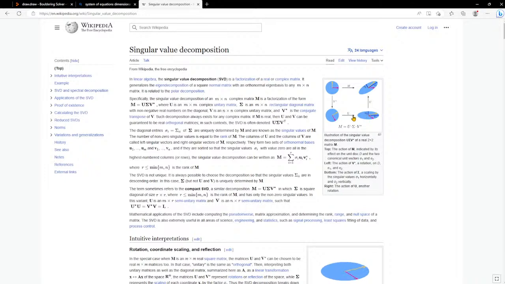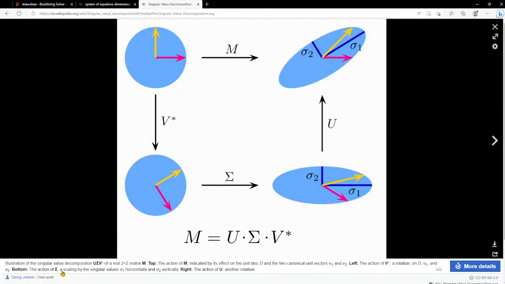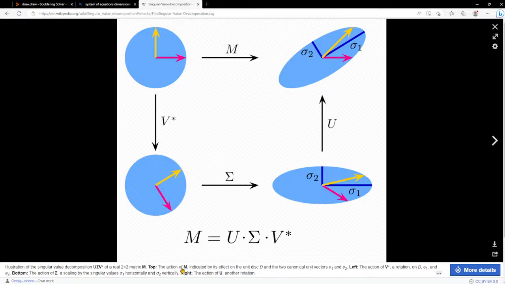Okay, so, excuse me. Illustration of the singular value decomposition, the action of M indicated by its effect on the unit disk D and the two canonical unit vectors e1 and e2. Okay, so it seems to leave x alone and kind of stretches and tilts y a little.